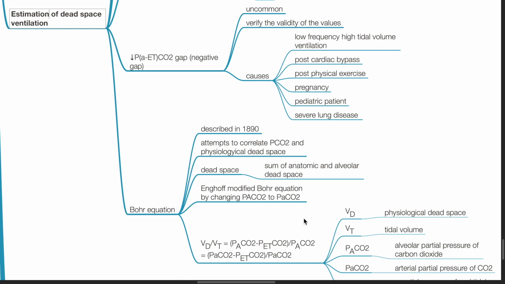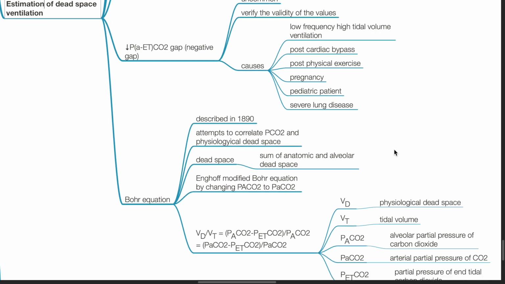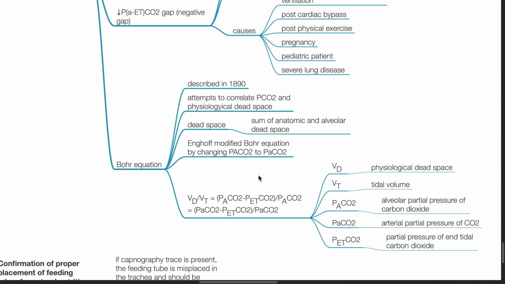The Bohr equation was described in 1890 and attempts to correlate PCO2 and physiological dead space. Dead space is the sum of anatomic and alveolar dead space. Enghoff modified the Bohr equation by changing the PACO2, alveolar CO2, to PaCO2, arterial CO2.